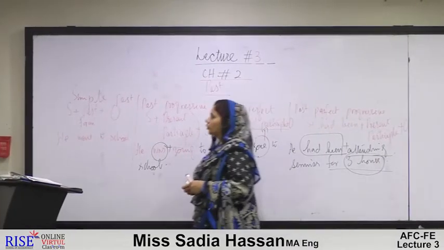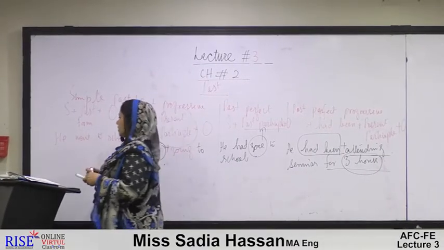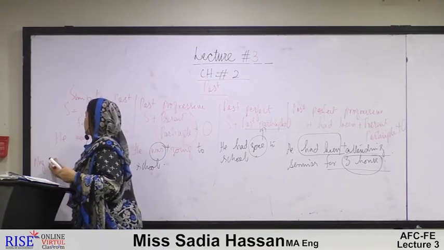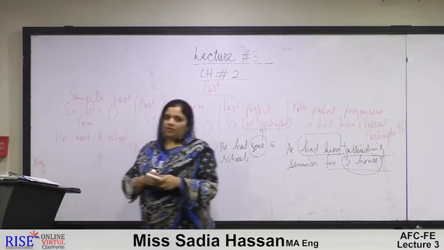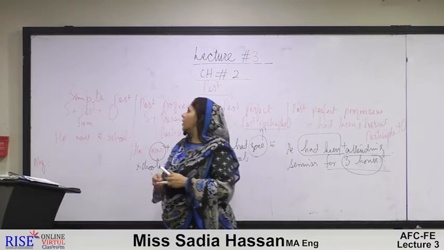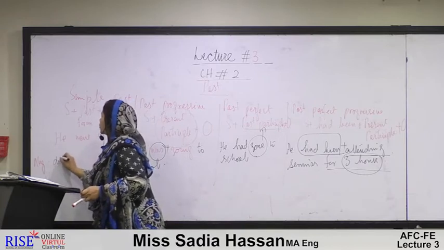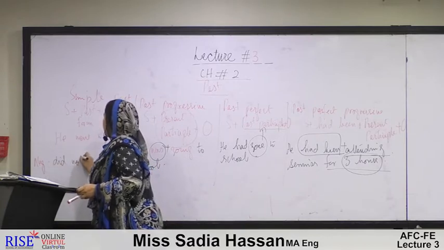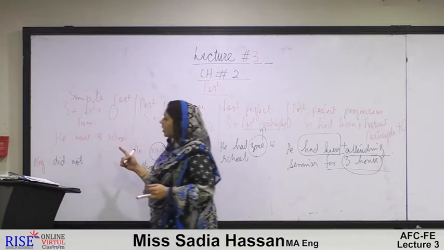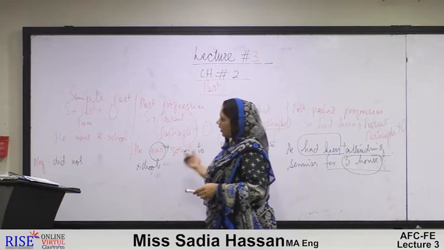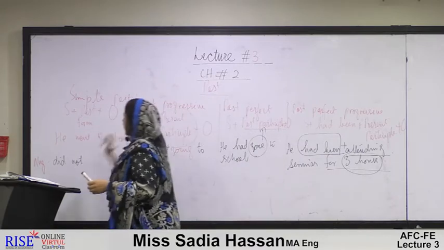What are we going to do with the negative construction? Whenever we need the negative construction of a tense, we always require a helping verb, and for the simple past we have only one helping verb, and that is called "did not". "Did not" is the helping verb which represents the negation of an action in this simple past context.